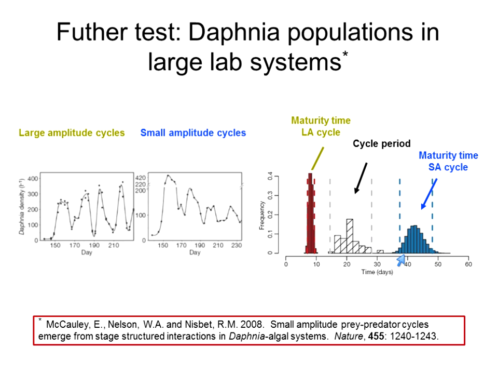By contrast, the populations executing the small amplitude cycles have really slow juvenile growth and reach reproductive maturity after a long time, and the cycle period is somewhere in between.